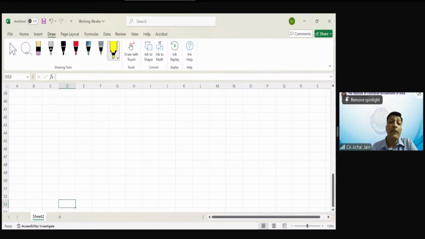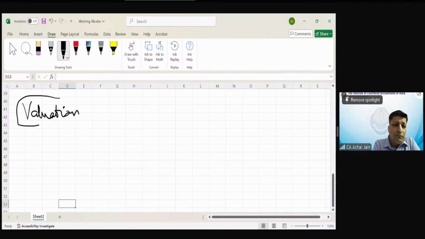What do you think? What are the other assertions you'll check, you'll look at? Rihanna says valuation. Okay, so now by valuation, we also mean to say that whether the amount of trade payables is correct or not. Yes or no? So how do you check that?